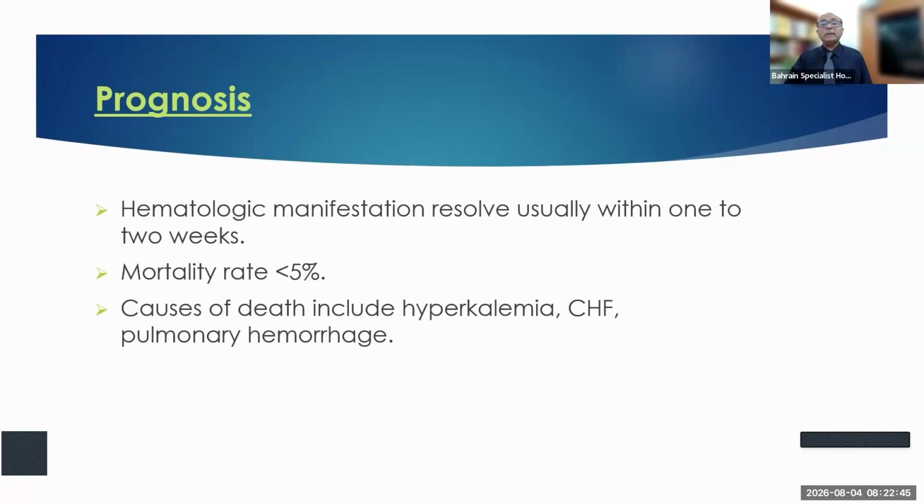Prognosis. Hematological manifestations resolve within 1 to 2 weeks. The mortality rate, especially in those who have neurological involvement, will be less than 5%. The causes of death include hyperkalemia, congestive heart failure, and pulmonary hemorrhage.